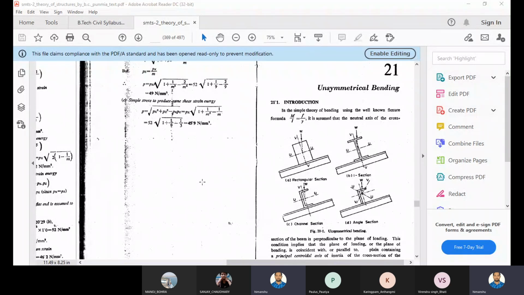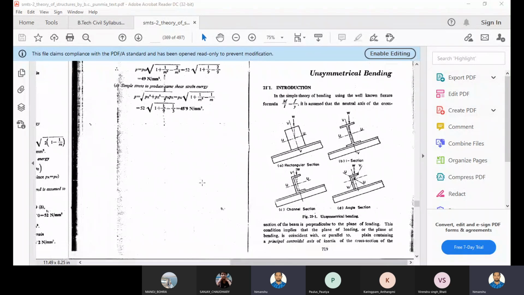This condition applies when the loading plane or the plane of bending is coincident with, or parallel to, the plane containing the principal centroidal axis of inertia of the cross section.